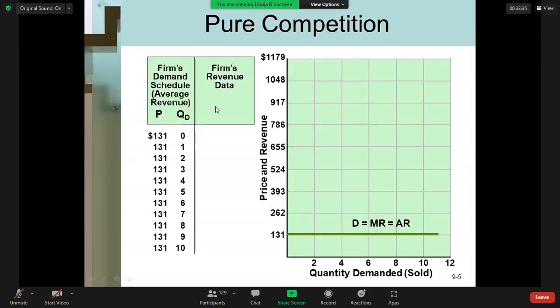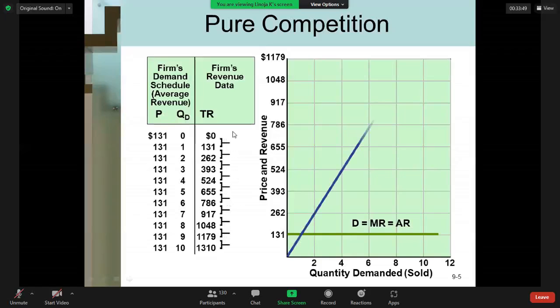You have to multiply, right? So you will be getting the total revenue. Due to the time limitation, I'm passing. So the total revenue you have to find out by multiplying the price value into quantity demanded.